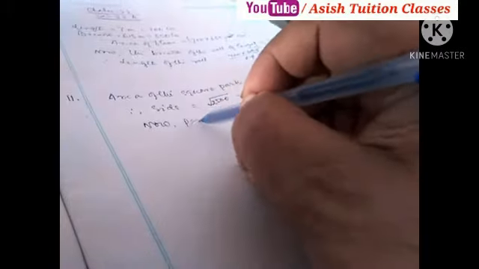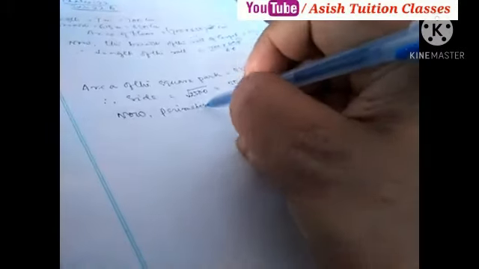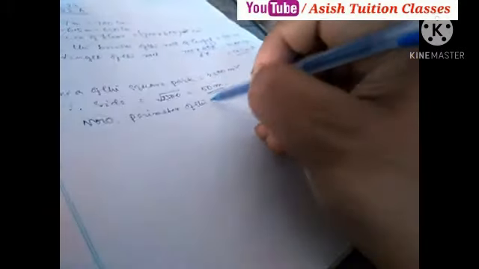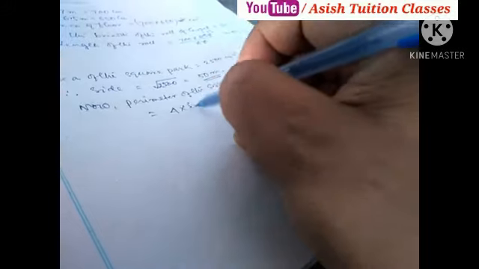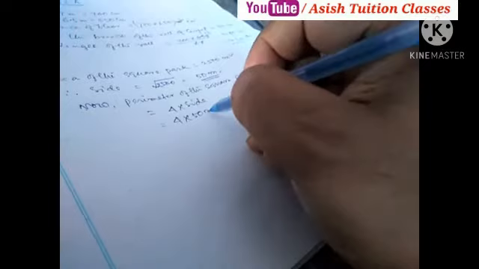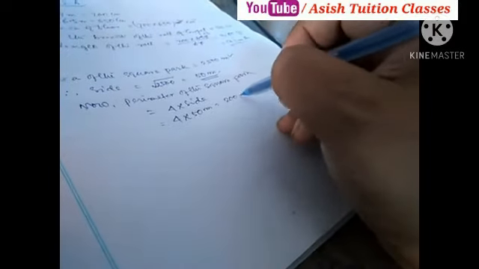Now we have to find the perimeter. Perimeter of the square park is equal to 4 into side, that means 4 into 50 meter, it will be 200 meter.